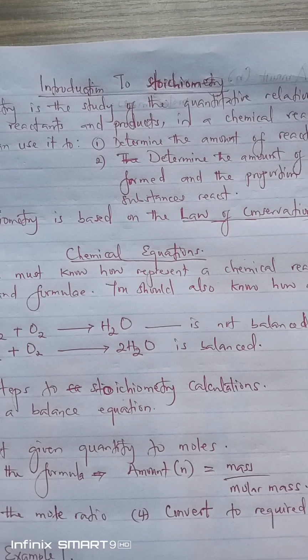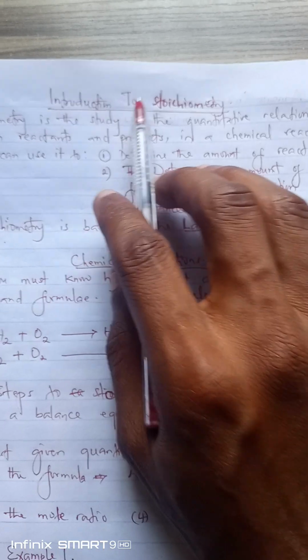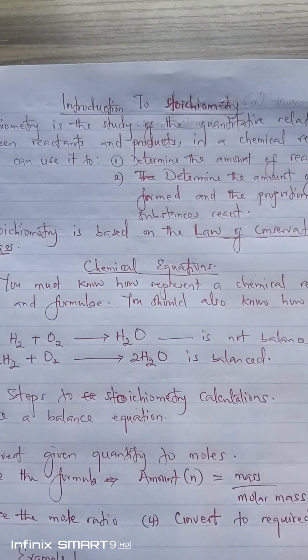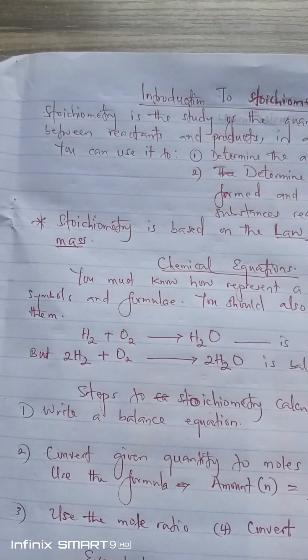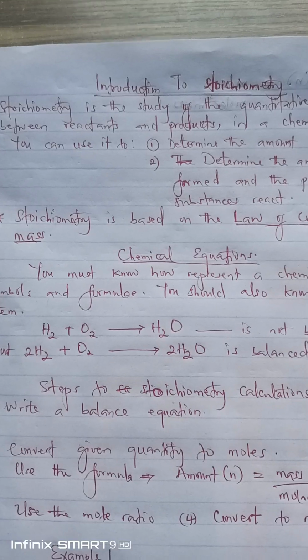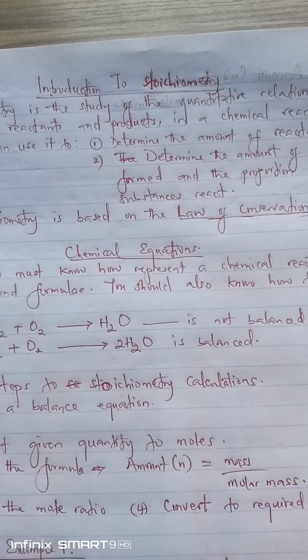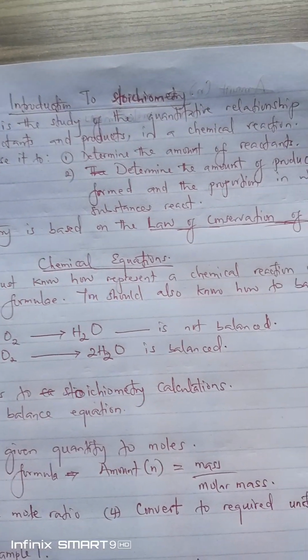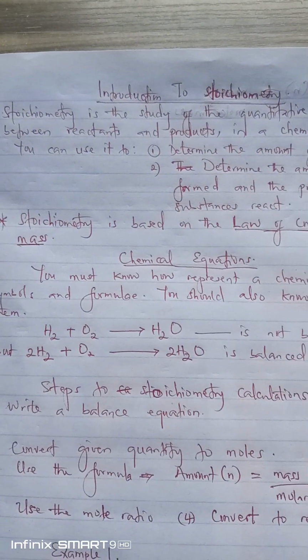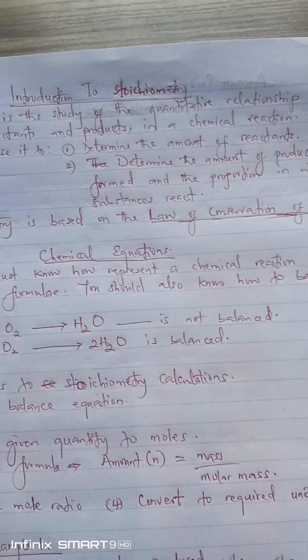The topic says Introduction to Stoichiometry. Introduction to what? Stoichiometry. Now, if you are hearing this for the first time, the definition says that stoichiometry is the study of the quantitative relationship between reactants and products in a chemical reaction.